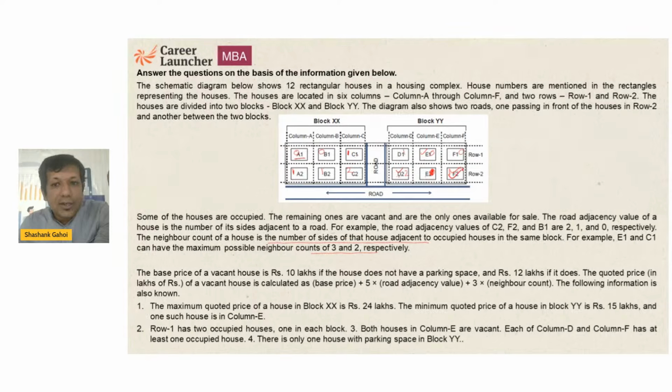If only this house and this house are occupied, then the neighbor count will be 2. If no house is occupied, then the neighbor count will be 0. Neighbor means you are adjacent to a house and someone is living in it. If that house is vacant, it won't be considered in the neighbor count.